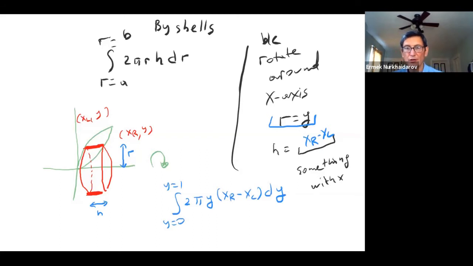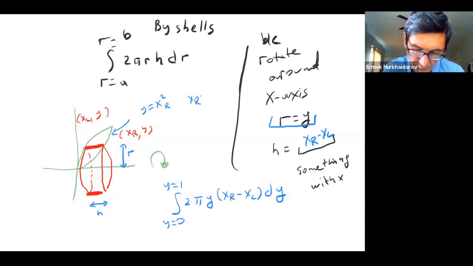All that is left now is to figure out how to take care of that x right and x left in terms of y. So let's have a look. X right comes from this curve. The equation of that curve is y equals x squared, because we call that part x right. You solve it for x right, so x right equals square root of y. That's what we're going to substitute for x right. X left is the curve to the left.